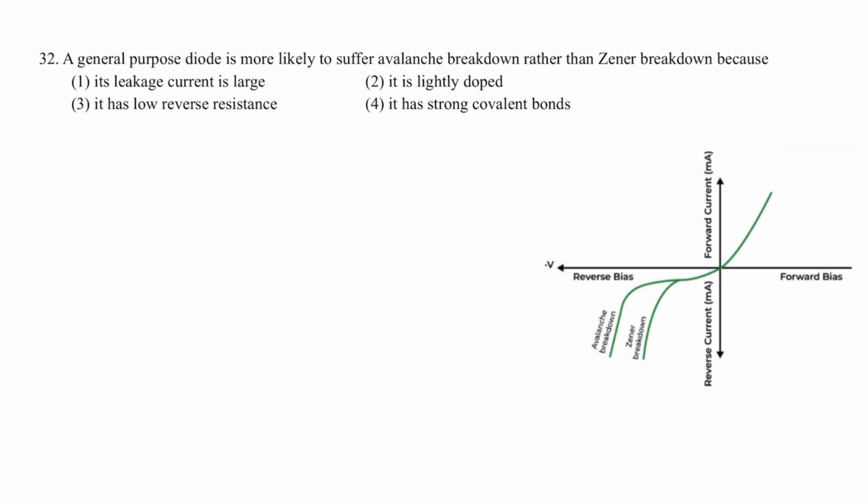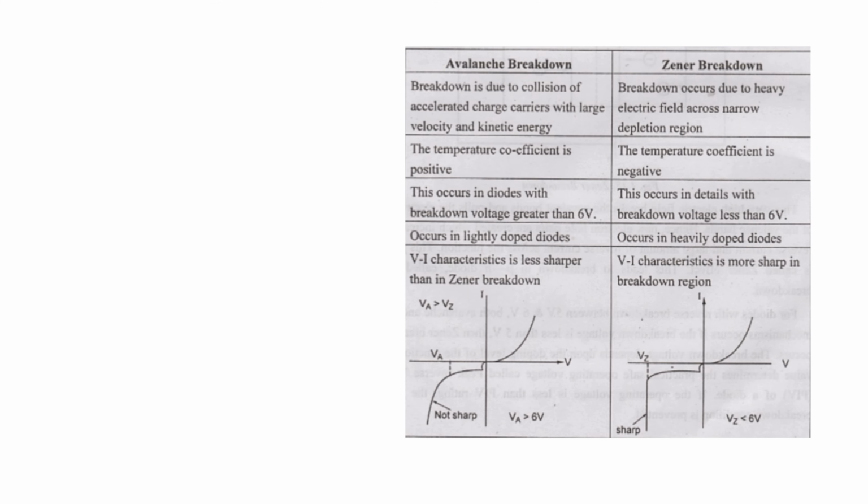The general purpose diode is more likely to suffer avalanche breakdown rather than Zener diode because it is lightly doped. So let us see the comparison of Zener diode and avalanche diode. In avalanche diode, the breakdown is due to collision of accelerated charge carriers with large velocity and kinetic energy, and in Zener diode the breakdown is due to heavily applied electric field.